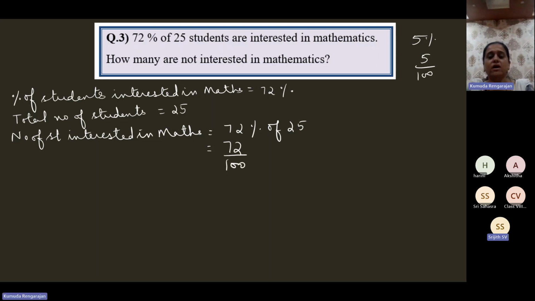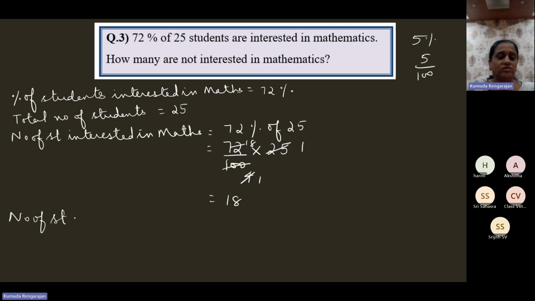Of means into 25. 25 ones are 25, 4 ones are 4, 18 times. So 18 students are interested in mathematics. So Sahasra, number of students not interested in maths will be 25 minus 18, which is 7.